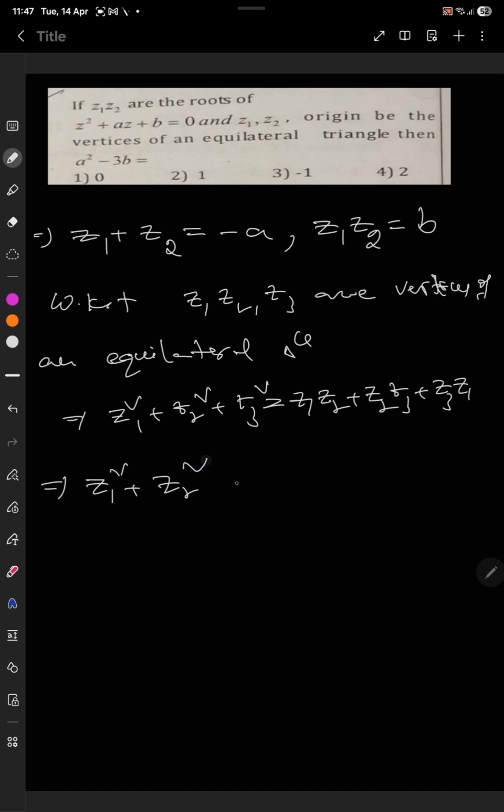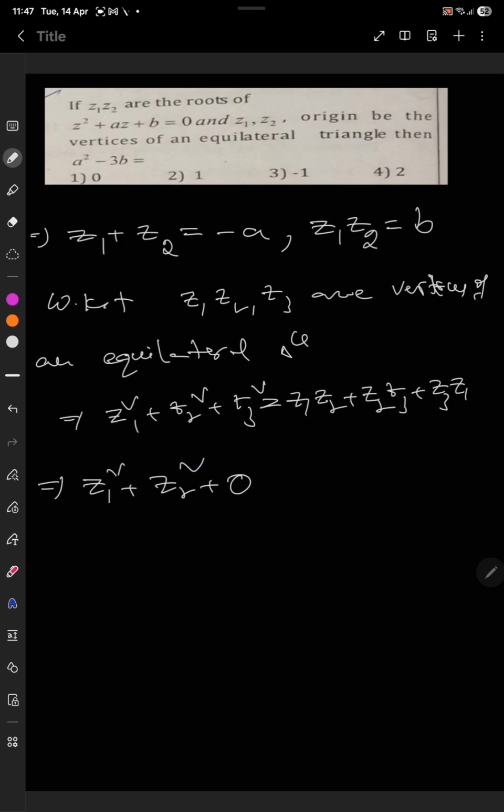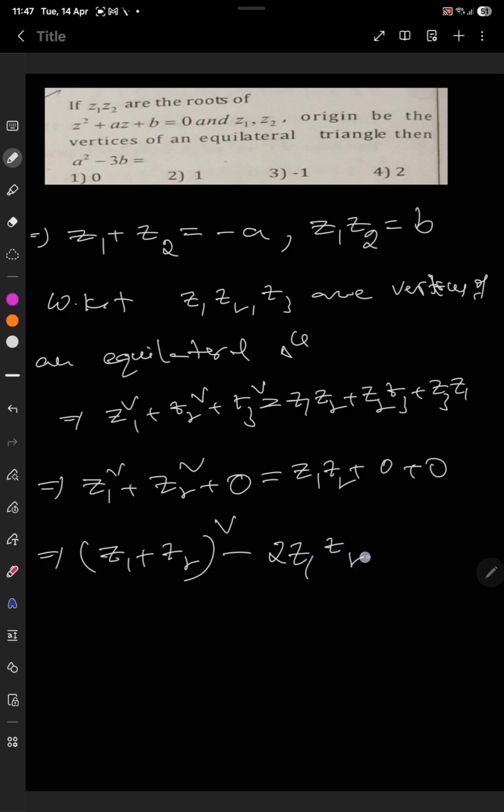So z1^2 + z2^2 + z3^2, with origin that is 0, z3 is 0. So z1^2 + z2^2, that is (z1 + z2)^2 - 2 z1 z2, that is equal to z1 z2.